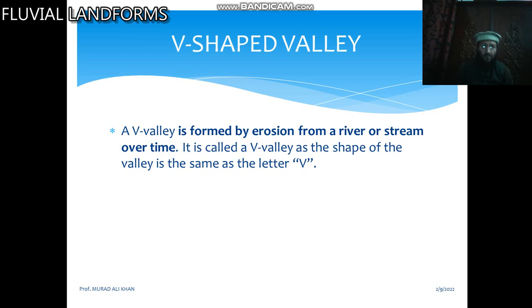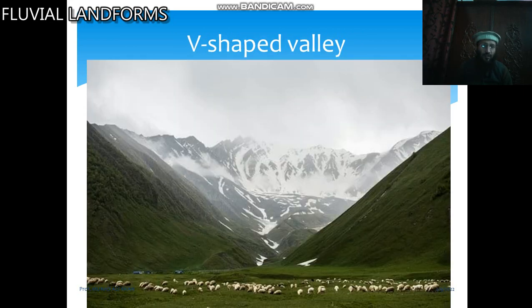Now the V-shaped valley. You can say this is a huge, big canyon. A V valley is formed by erosion from a river or stream over time. It is called a V valley as the shape of the valley is the same as the letter V. Now here you can see, if you write the letter V, this is just like that letter.